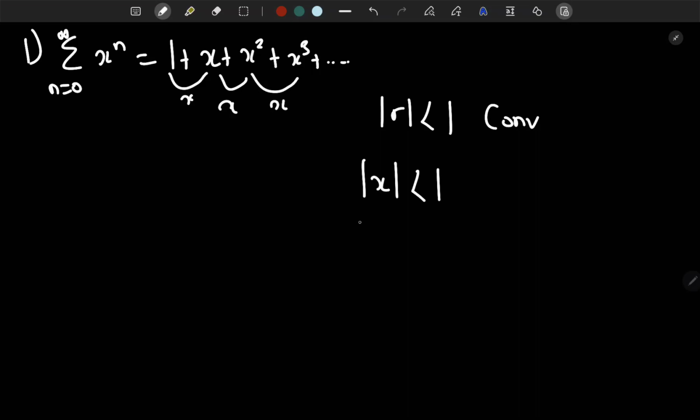Now how do we convert this absolute value into interval notation? So it is actually -1 less than x less than 1. So all I did here is expand the absolute value, and what we call this interval is called the interval of convergence, and the short form is just IC.